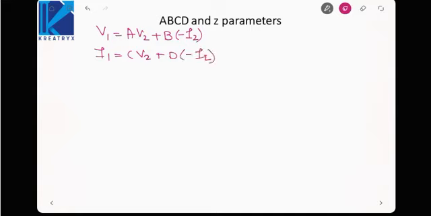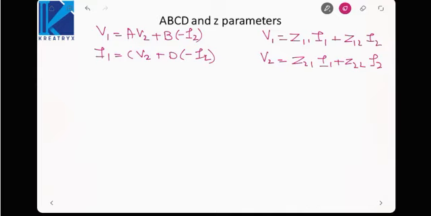In terms of Z parameters, V1 is equal to Z11 I1 plus Z12 I2. V2 equal to Z21 I1 plus Z22 I2. Now, if we want to express V1 in terms of V2 and I2, we have to substitute I1 here because then V1 will be coming in terms of V2 and I2.